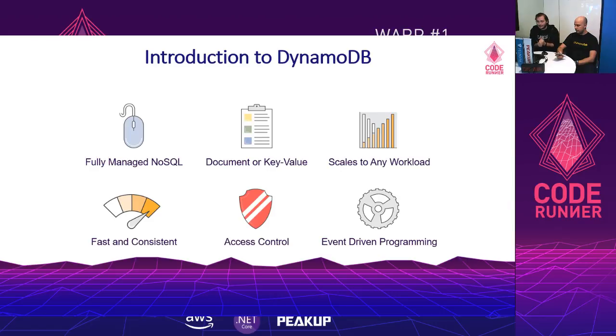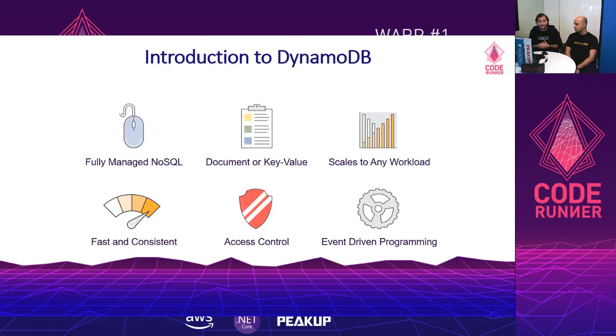So let's look into DynamoDB. DynamoDB is a fully managed NoSQL service AWS provides to us. It supports document or KV type of values in it. It scales to the inner workload as long as you give it a sufficient scale actually.